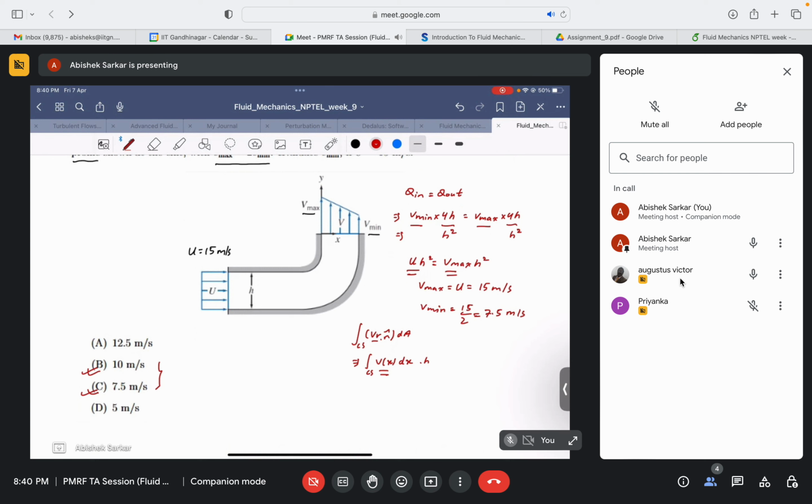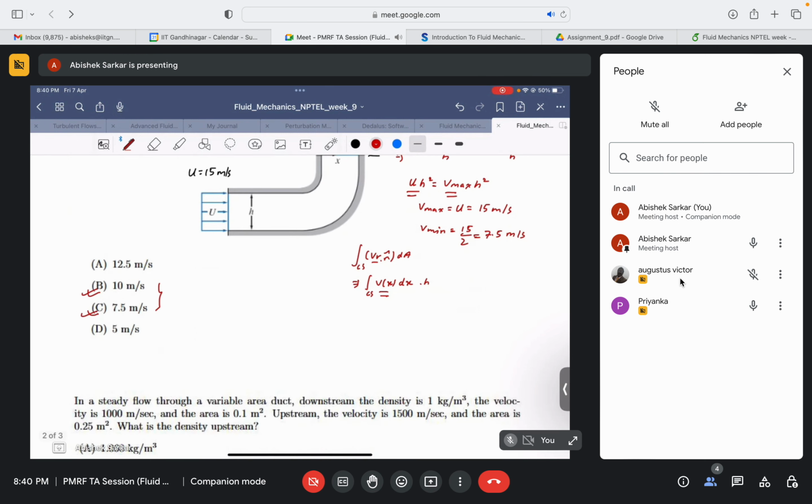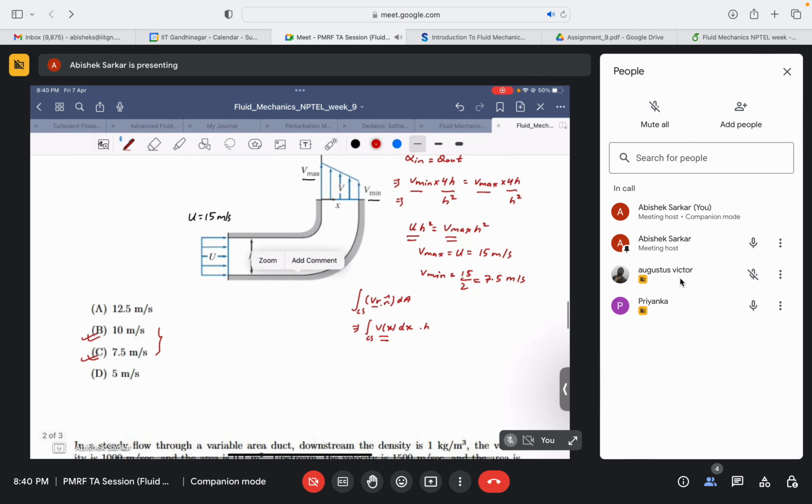Okay, thank you. So Priyanka, could you please tell me how you approached the problem? I found the velocity profile at the exit first. Okay, tell me the approach. The velocity profile at exit I got as V minimum plus bracket V max minus V minimum, whole bracket, into X by H. No, sir, not the first one.